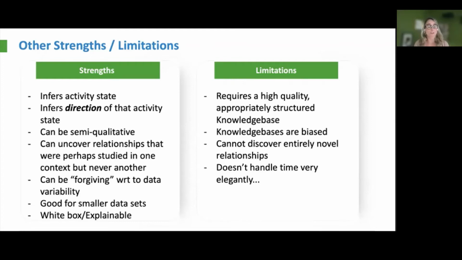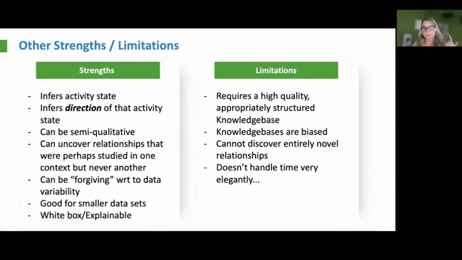Knowledge bases themselves are absolutely biased in multiple ways. So they can't capture what hasn't been studied by humans. In this particular type of knowledge base, we're extracting information from the literature.